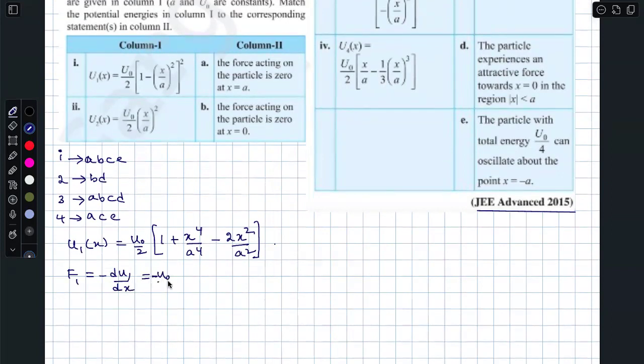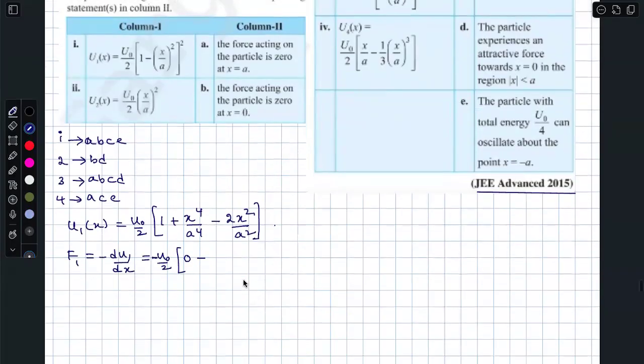U0 by 2 common, 0 plus 4x cube by a power 4 minus 4x by a square. Okay, you want this to be 0.